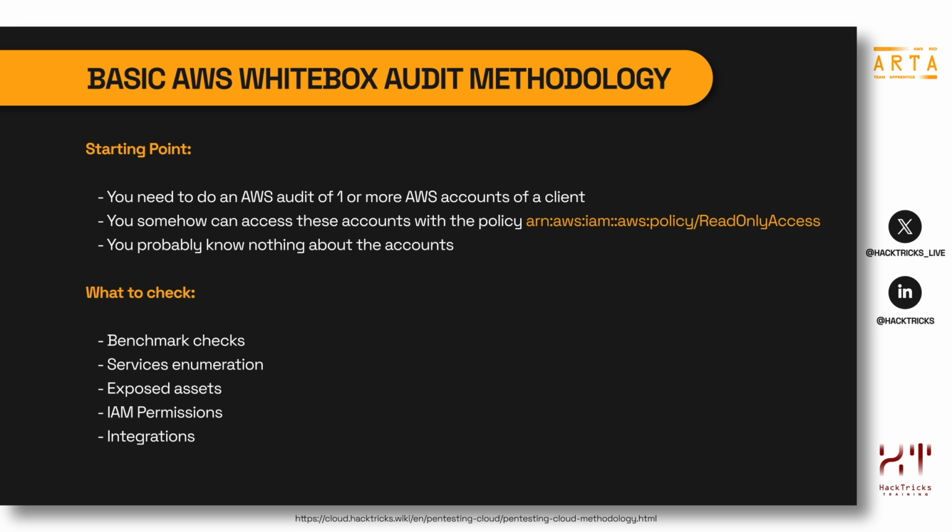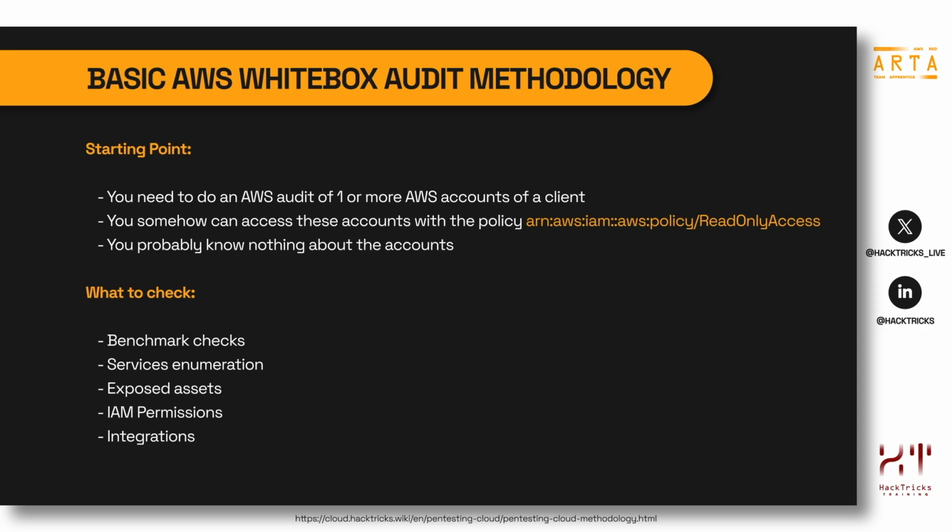So benchmark checks usually are going to be mostly automatic. Maybe you need to run some manual benchmark checks yourself. And then in the service enumeration, you are going to continue launching tools, but also do a lot of manual tasks in order to completely understand what is happening with each service and check all the vulnerabilities.